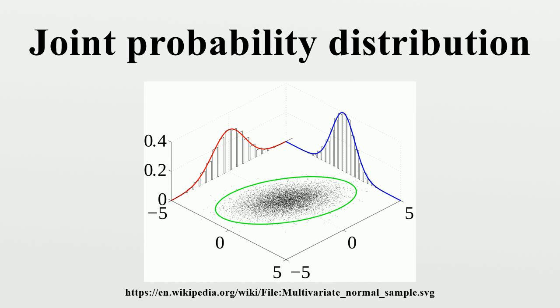Continuous case: the joint probability density function f(x,y) for continuous random variables is equal to the following, where f(y|x) and f(x|y) give the conditional distributions of Y given X equals x and of X given Y equals y respectively, and f(x) and f(y) give the marginal distributions for X and Y respectively.